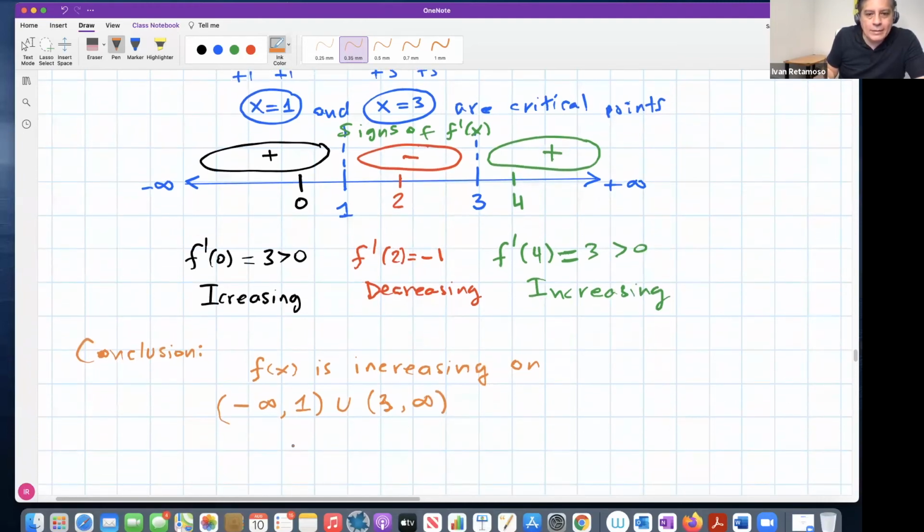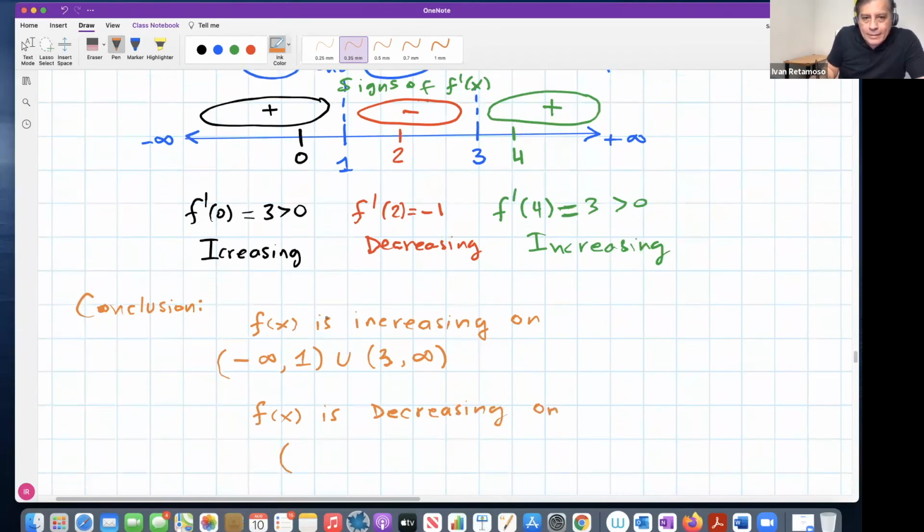And f of x is decreasing on the interval from 1 up to 3, using parentheses, open intervals.